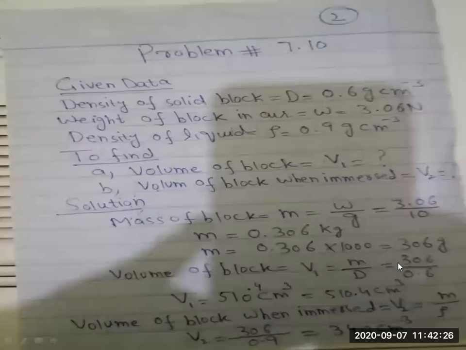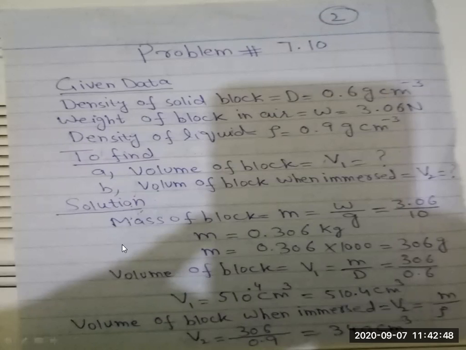So 306 divided by 0.6 gives 510 centimeter cube. So our volume of the block is found to be 510 centimeter cube, where the unit of volume is centimeter cube.